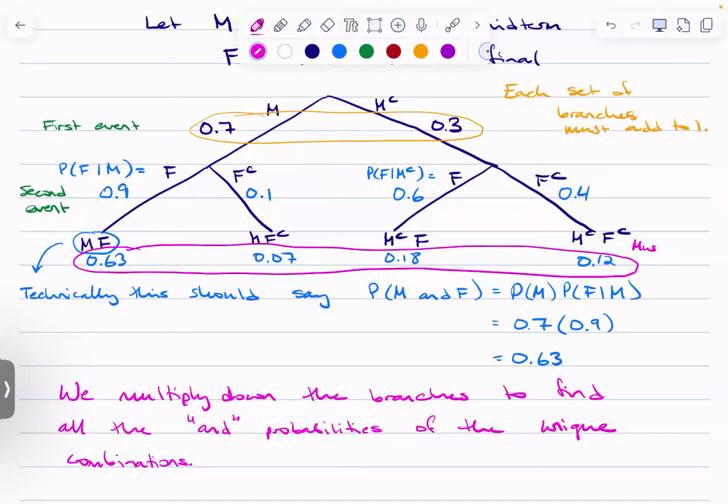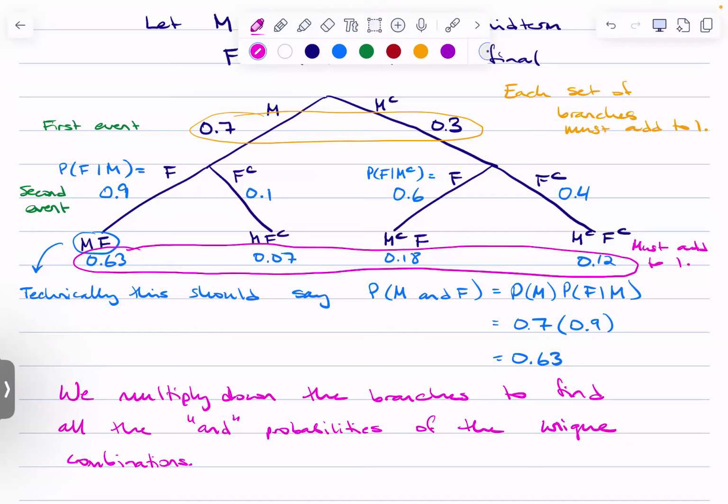If I didn't do any rounding and I did it all right, then I can add these up. I have 0.12 plus 0.18 plus 0.07 plus 0.63. Phew, I get 1. But that doesn't matter for the Fs.